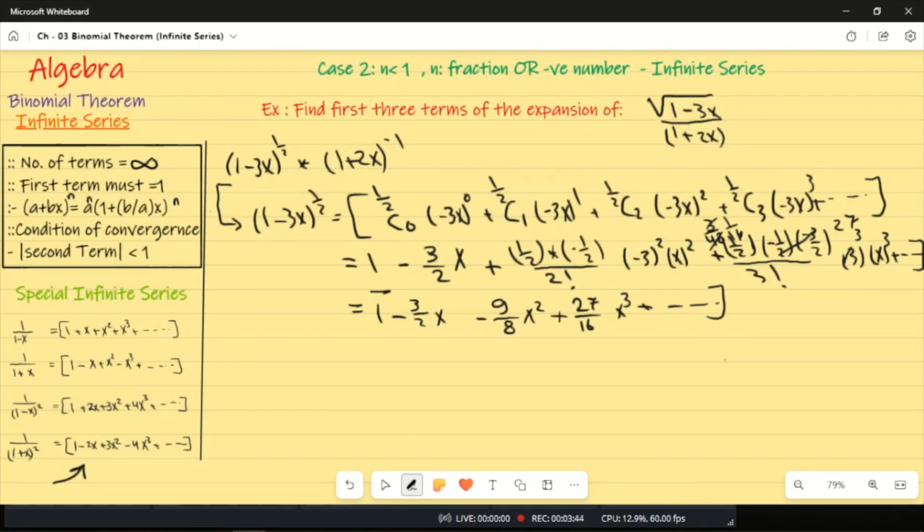Okay, so this is the first binomial expression.